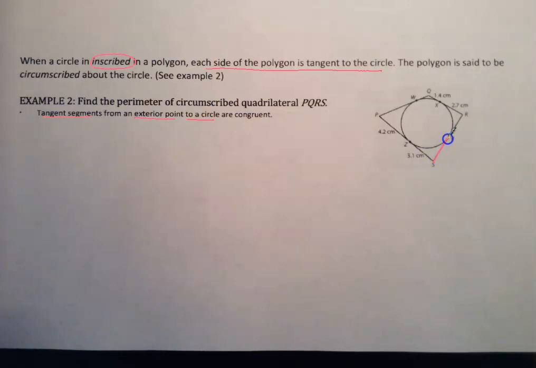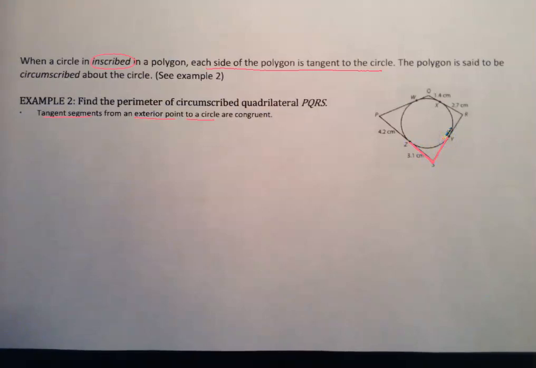SY would be congruent to what? PW? No. They have to come from the same exterior point. SZ. Yes, so SY and SZ are congruent.